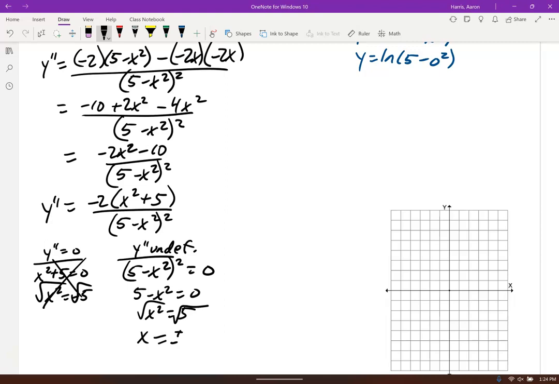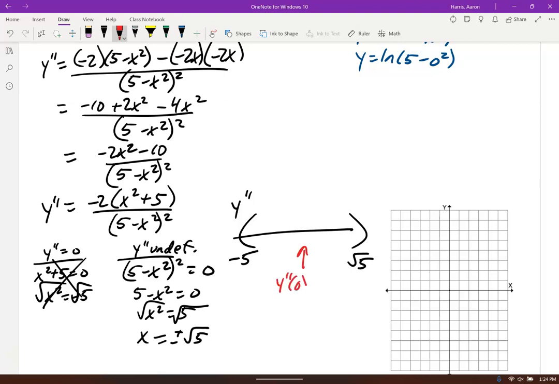So we got plus or minus root 5. Again, those are our edges of our domain anyways. Right? It was negative root 5 to root 5. So we were never going to test outside of those anyways, right? It was outside our domain. So we just got to test something inside like 0.